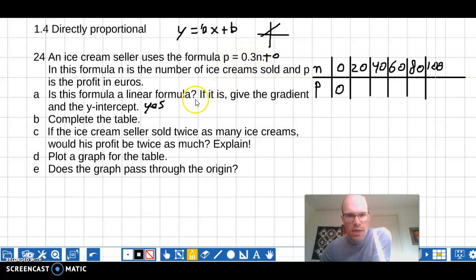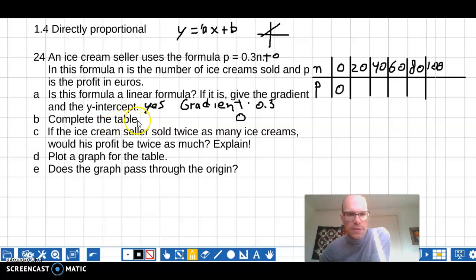So the gradient is 0.3, and then the y-intercept is plus 0, so the y-intercept is 0.